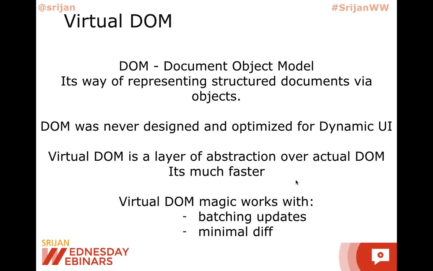But what virtual DOM does is all the updating, changing and re-rendering happens at the level of the virtual DOM. Then, in a very optimized way, it calculates minimal diffs, batches the updates, and then updates the actual DOM, which the users will see.